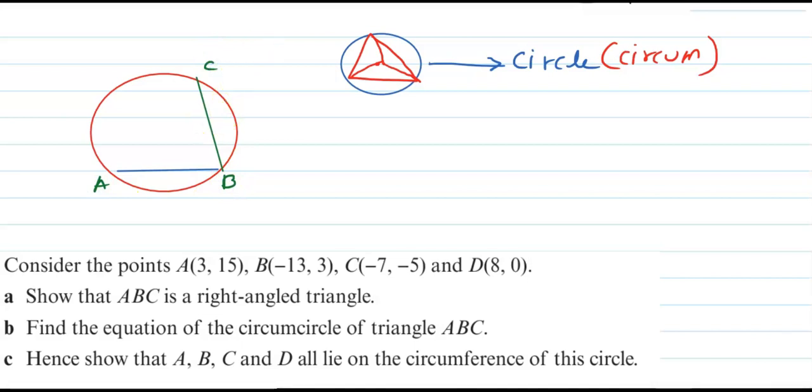So we can find the perpendicular bisector of this line. Perpendicular bisector means a line which makes a 90-degree angle with the chord.